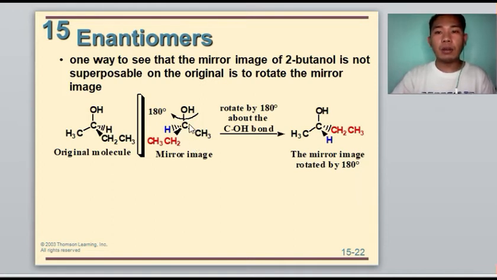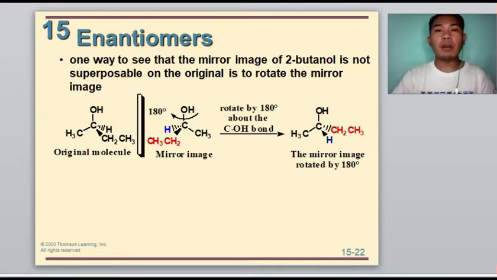So the OH group retains its position in space. But the CH3 group, which was to the right and in the plane of the paper, remains in the plane of the paper but is now to the left. Similarly, the CH2CH3 group, which was in front of the plane of the paper and to the left, is now behind the plane and to the right.